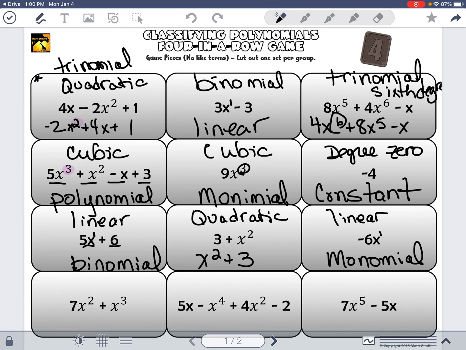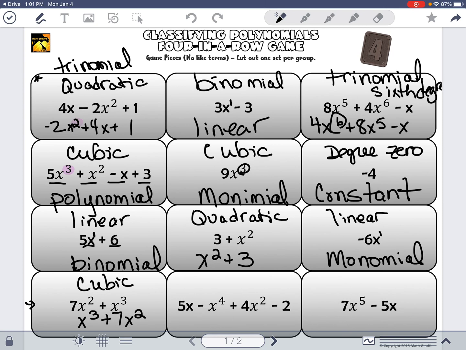Okay. The next row right here, this is not in standard form. I would write it in standard form. The highest degree is 3, so it's cubic. And it is a trinomial because it has 3 terms.